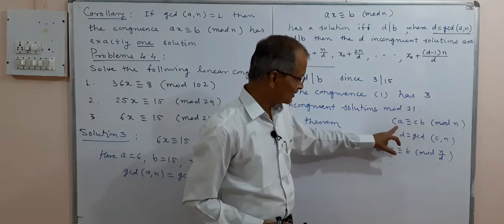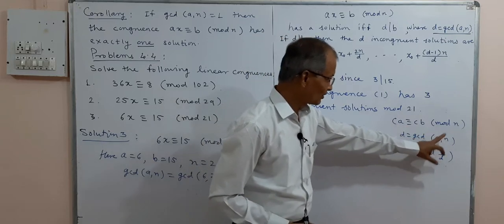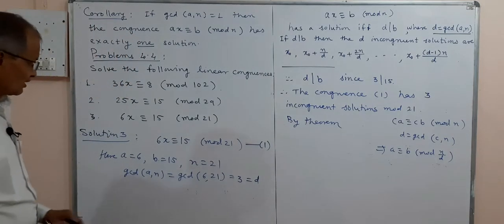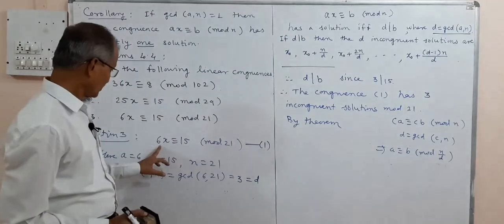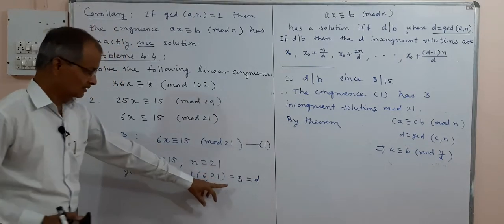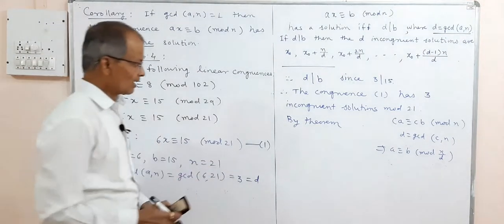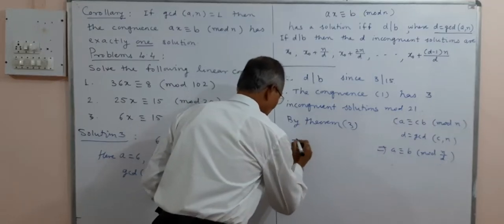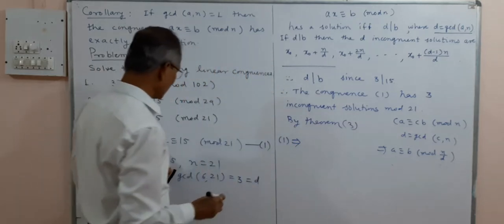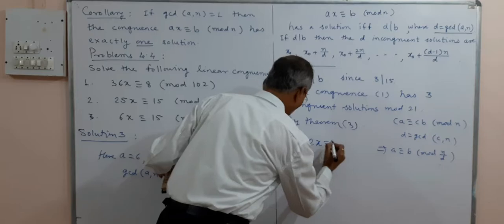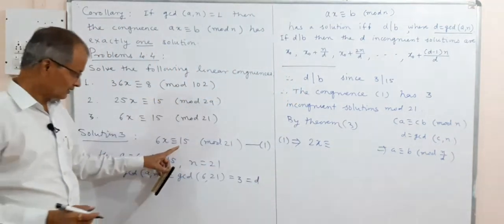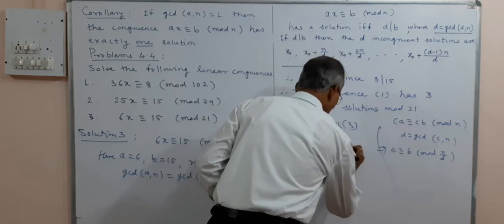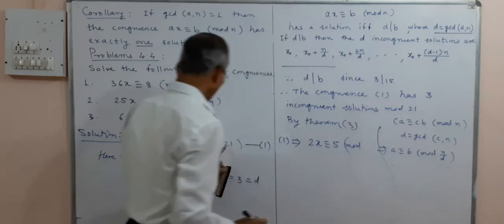It means we can cancel this common factor, but we have to divide N by the GCD of C and N. The GCD of 6 and 21 is 3. So we have to divide this modulus by 3. By theorem 3, after division by 3, it is 2x congruent to 5, and the modulus will be 21 divided by 3.